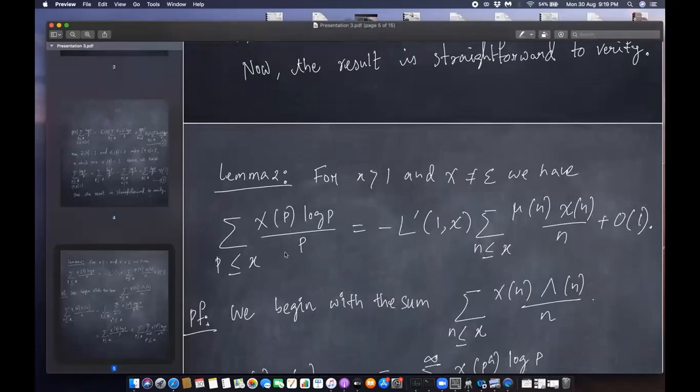Then we consider this sum, where the sum runs over all the primes less than or equal to x, and we'll show that it is equal to this plus big O of 1, where L prime 1 chi is defined in our earlier slides, and mu is the Mobius function.